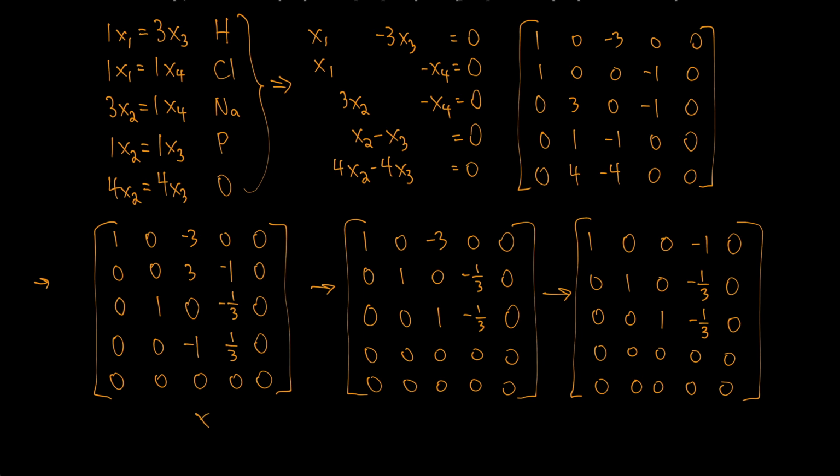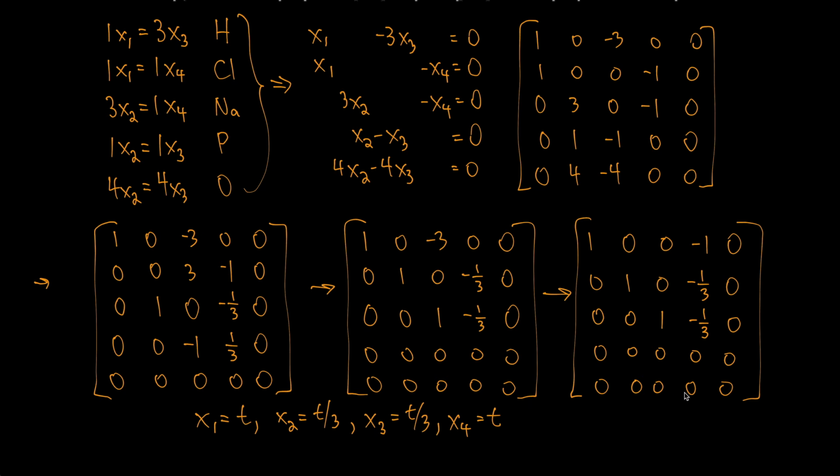So I'll get x1 equals x4, which I can call t, x2 equals t over 3, x3 also equals t over 3, because just take this guy and move it to the other side. So if x2 is 1/3 of x4, it's the same thing as x4 over 3 is t over 3. x4 would just make t our parameter.